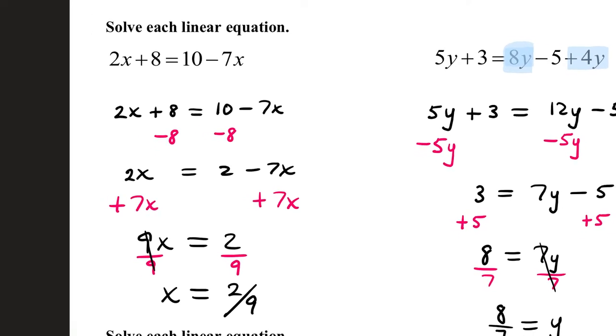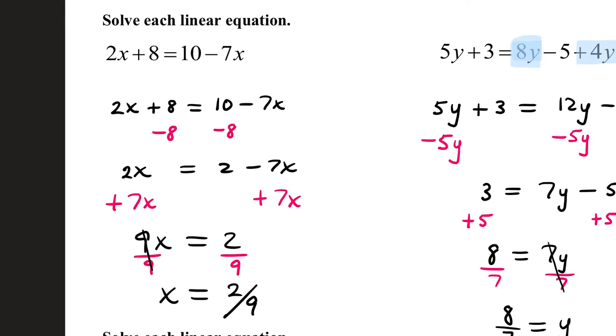Continuing with solving our equations, we have 2x plus 8 equals 10 minus 7x. In order to separate the variables from the numbers, we use adding or subtracting. You guys told me to subtract 8 as the first step, and that's totally fine.